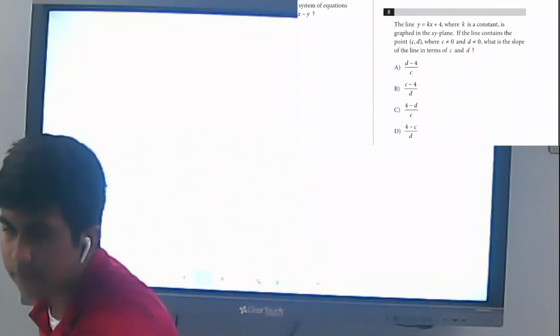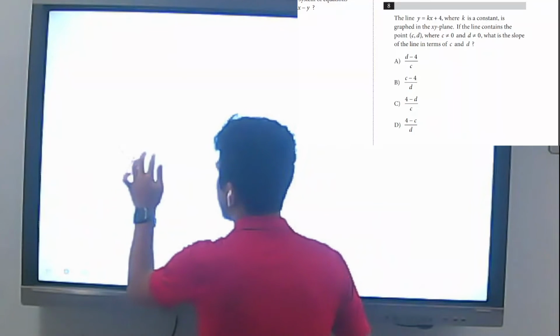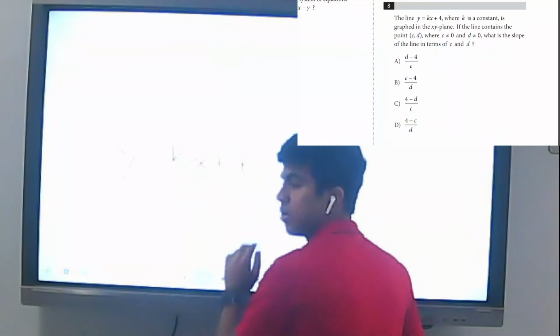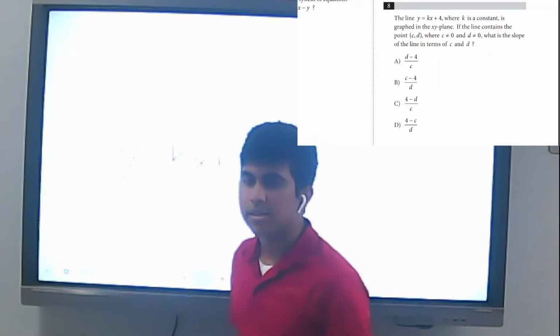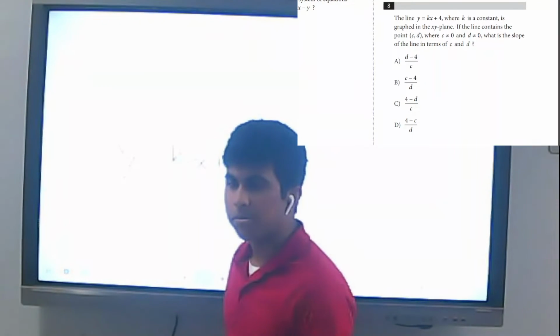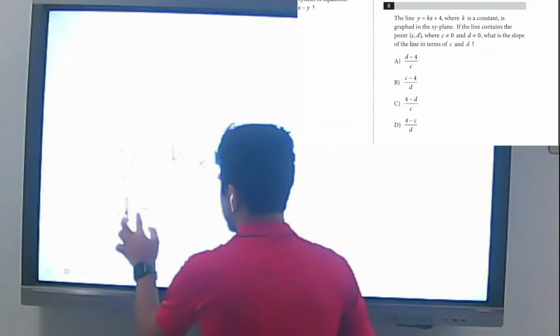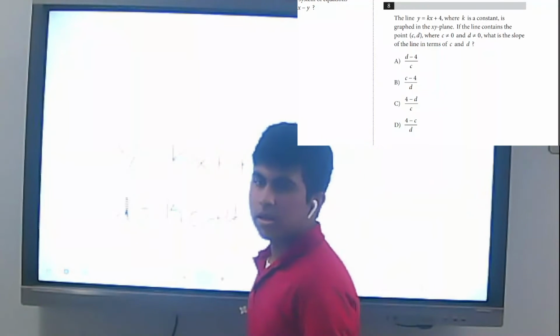Keep going. The line y equals kx plus 4, where k is a constant, is graphed in the xy plane. If the line contains the point (c, d), where they're both values, then d is y and c is x. So d equals kc plus 4. And what is the slope of the line?